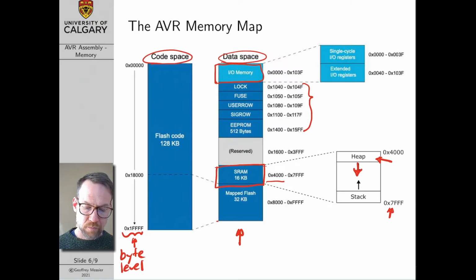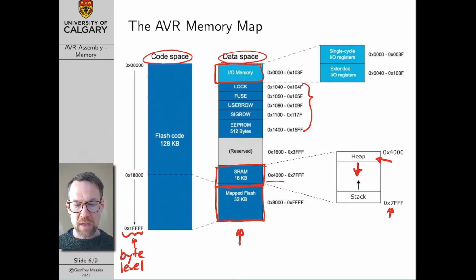Finally, the last little bit of data memory here we have is mapped flash memory. So it is possible for us to initialize the flash memory with useful data. So for example, if you wanted to write a sound file or something like that into instruction memory, you could do that, and then you could access it from the data memory address space.